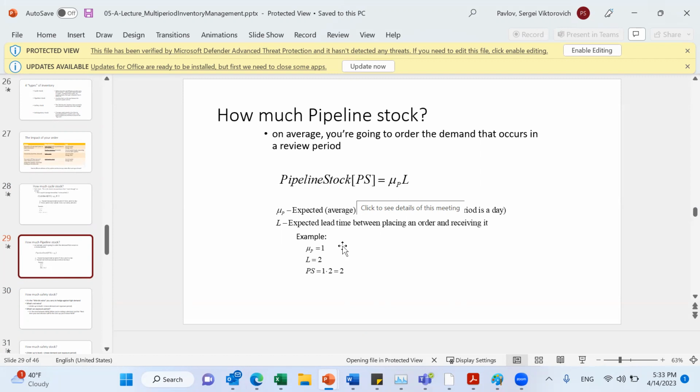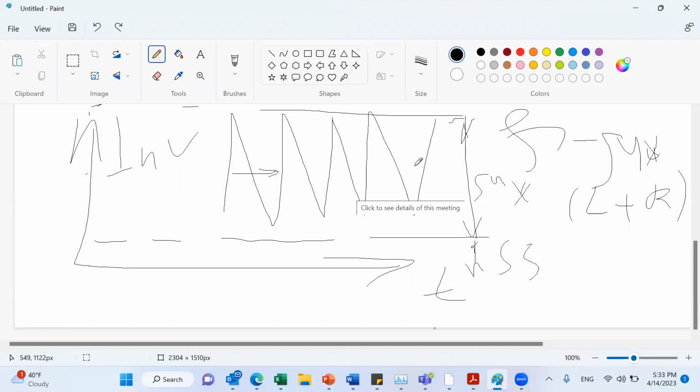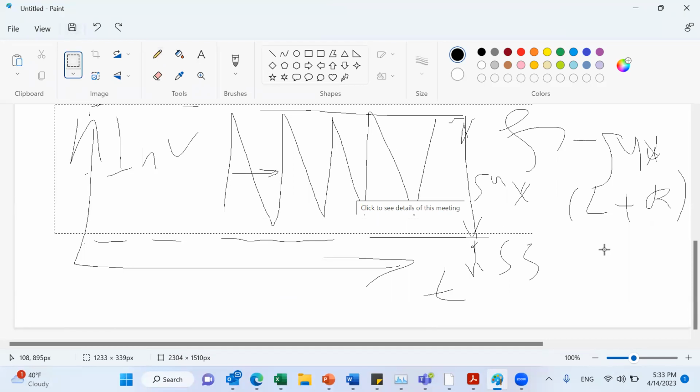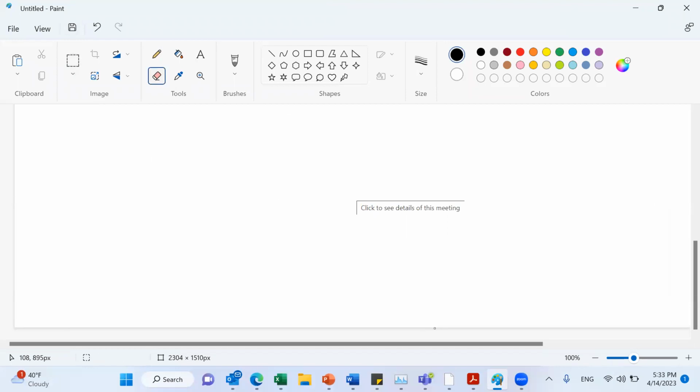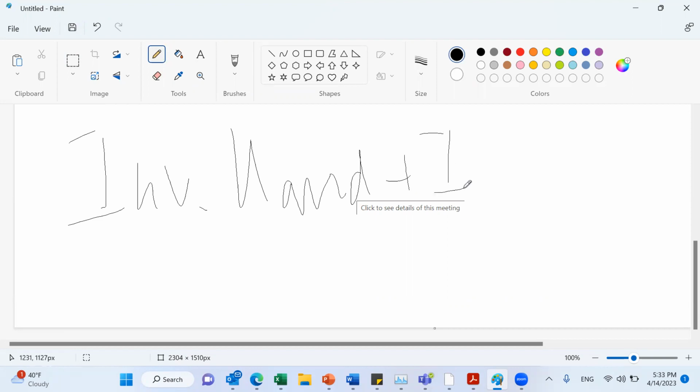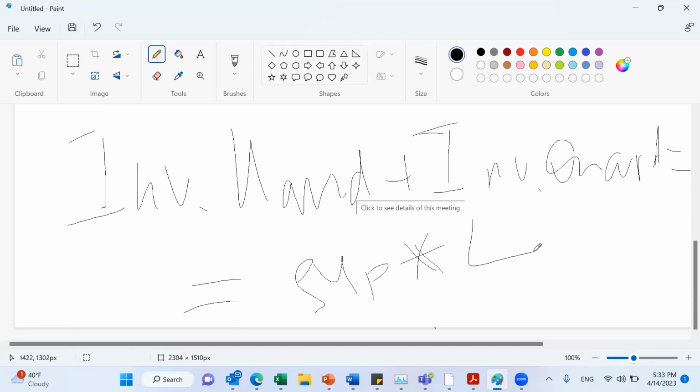So it says that on average, your inventory on hand plus your inventory on order will be equal to your mu per period multiplied by lead time.